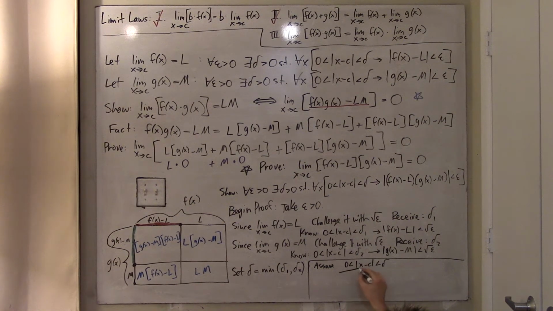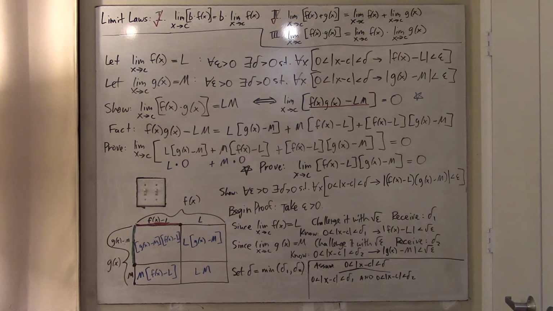If it's less than delta, then it means that we're less than delta 1 and also less than delta 2.